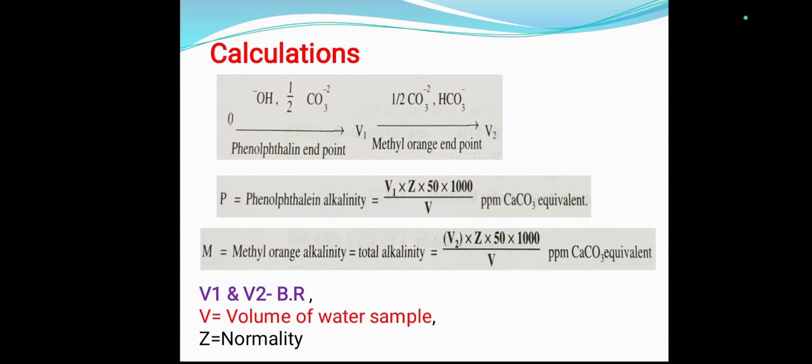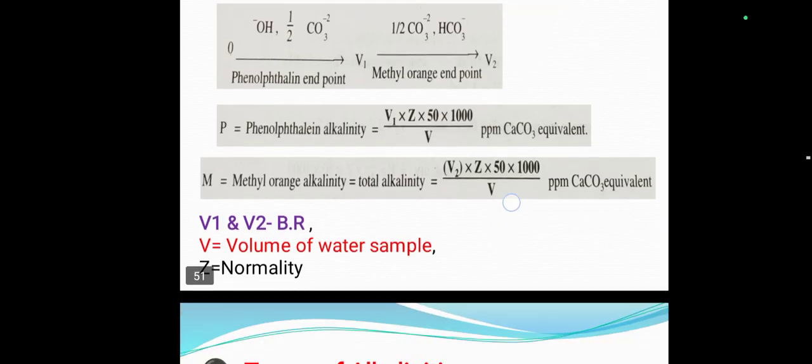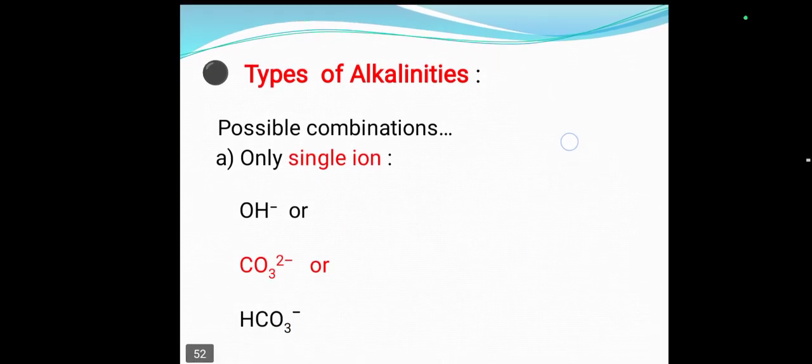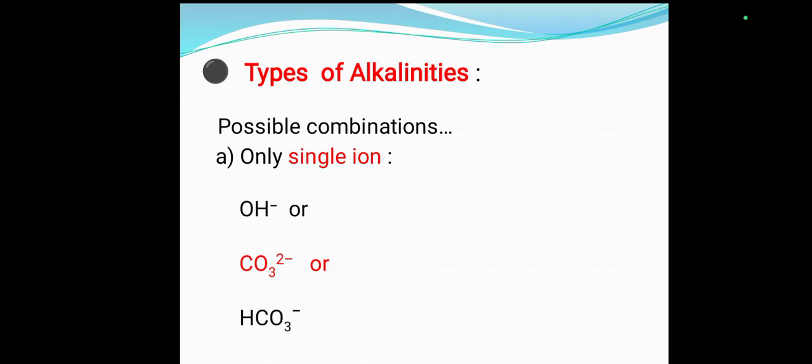You use these two formulae to find the values of P and M, and once you have P and M, you can find out the types of alkalinities. For finding types of alkalinities, you compulsorily require the values of P and M.